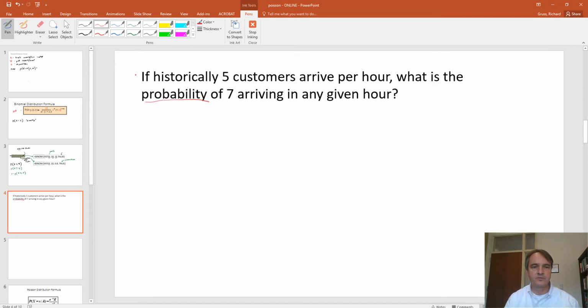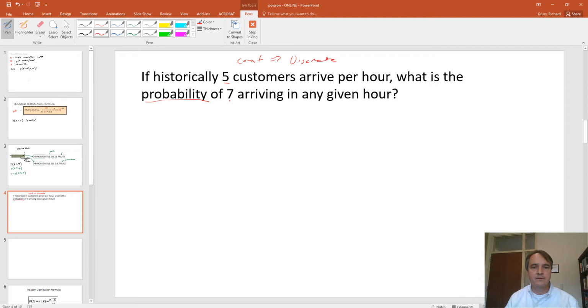And because customers are counts, we know it has to be discrete. Count implies discrete, and so far the only discrete probability distribution we've looked at is the binomial. So let's see if we can cram this problem into a binomial and see how far we get.